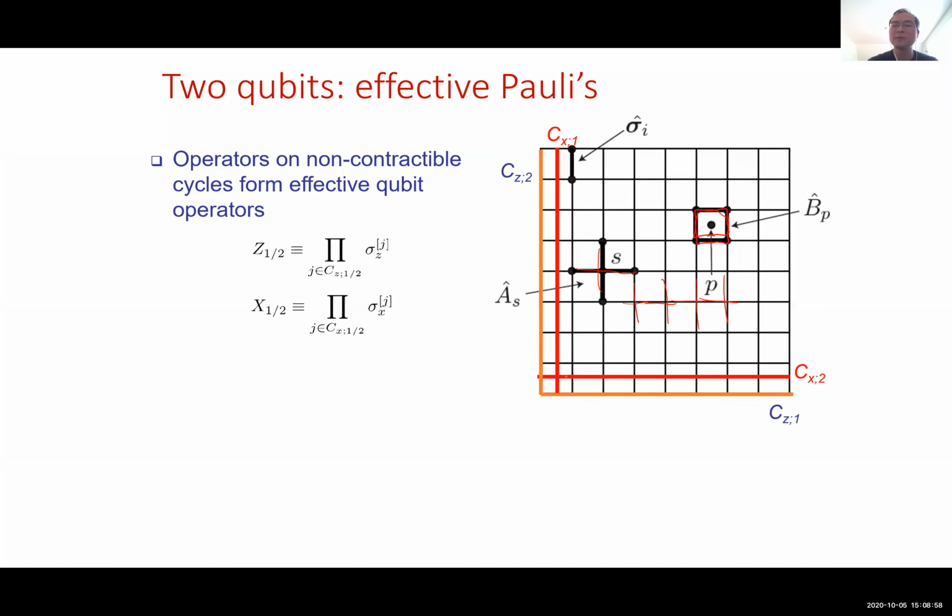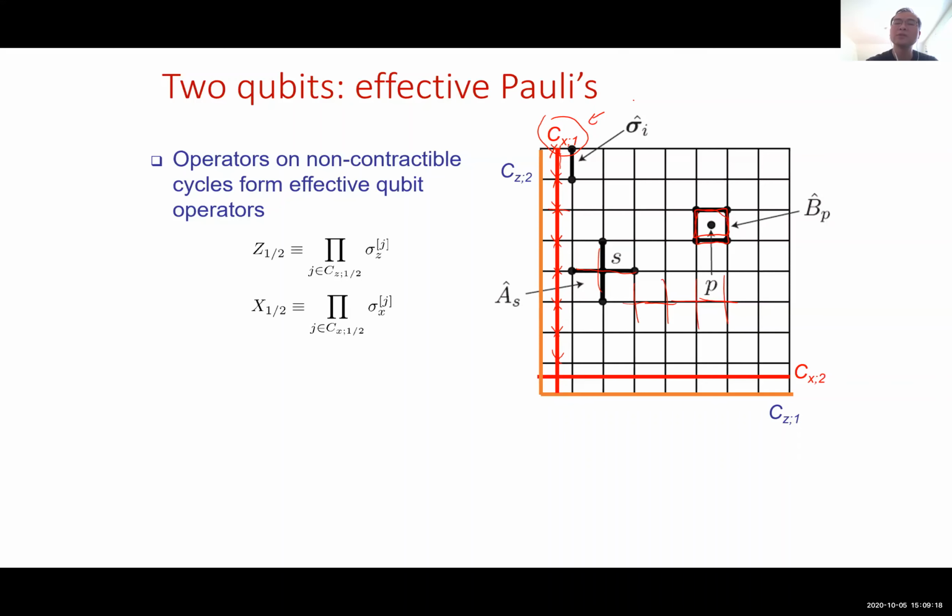For example, what I listed here, CX1 that crosses these edges basically means that this is a product of X on these edges.